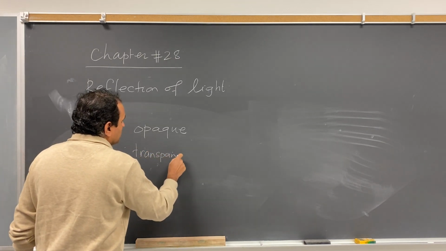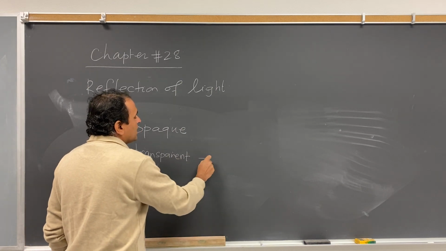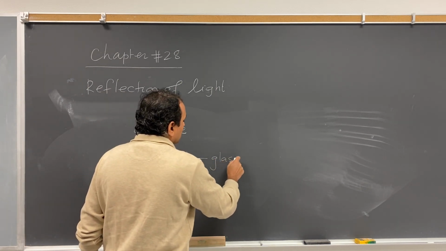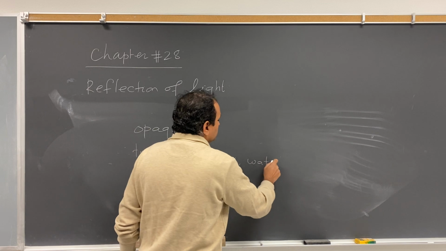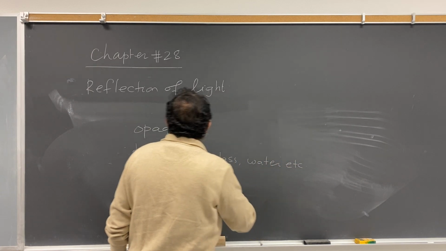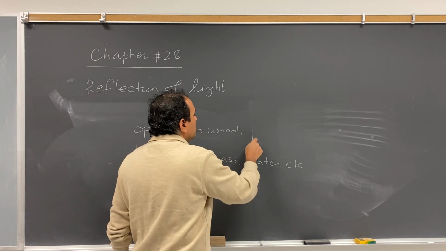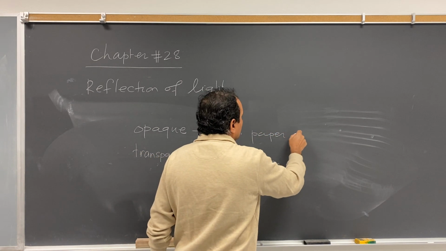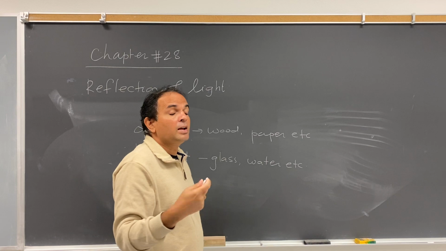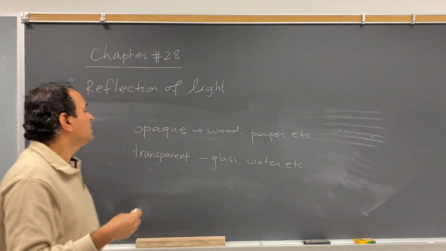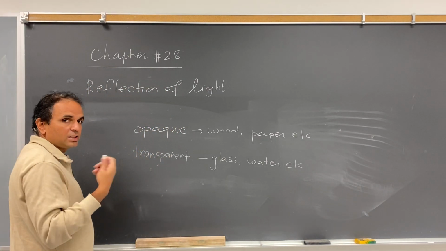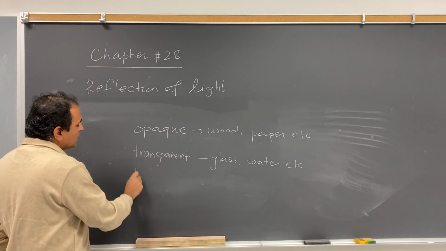Transparent objects are like glass, water, etc. Opaque like wood, paper, etc. And there is another type of object also, that we call semi-transparent, or you can say translucent.